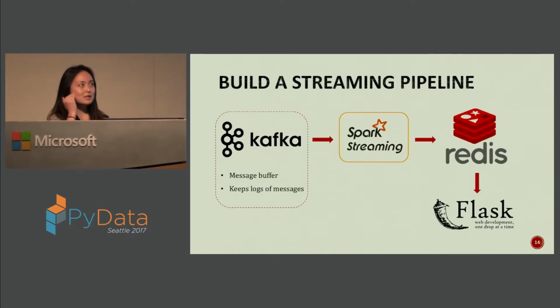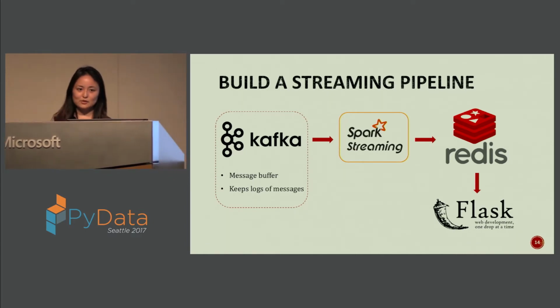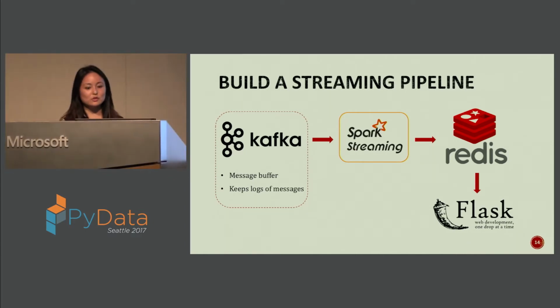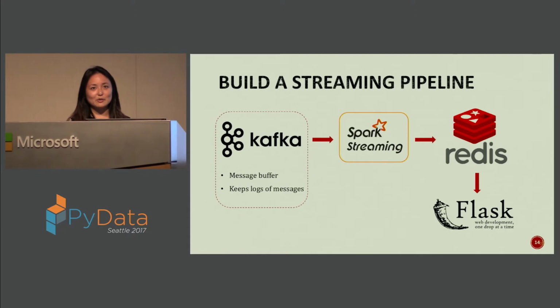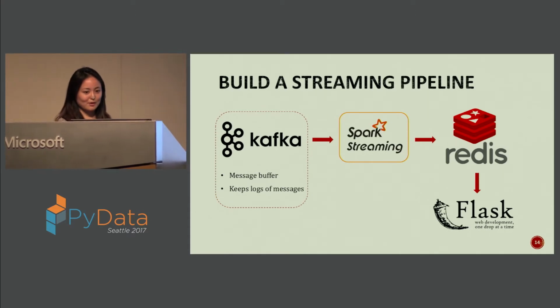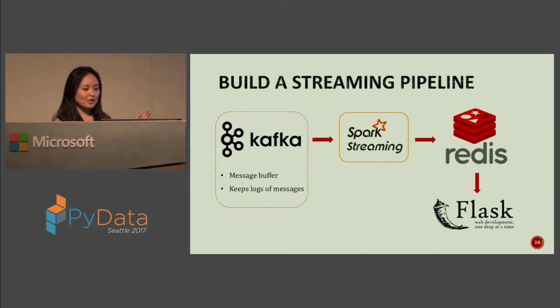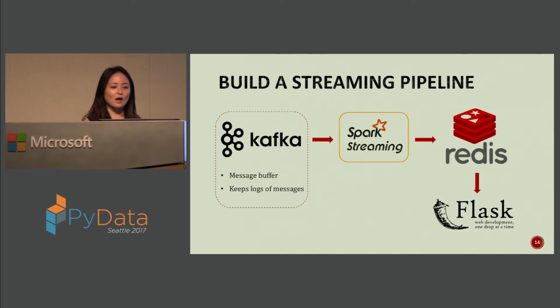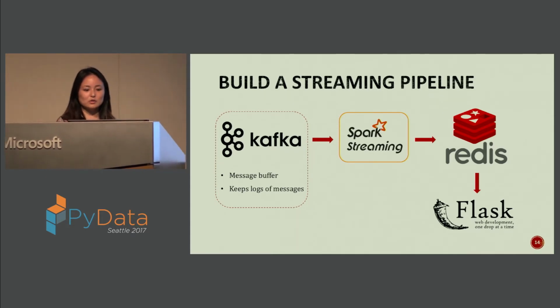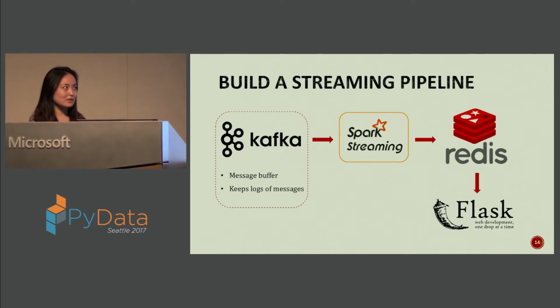I'll first talk about how to build a streaming pipeline. This is a very bare minimum streaming architecture. Basically, you have a queuing system that queues up the messages that go into the pipeline. Then you have a streaming processor.